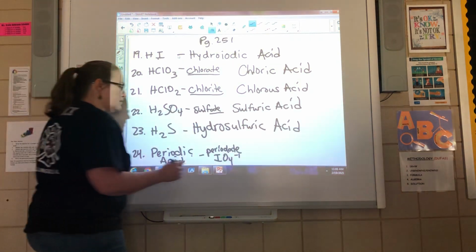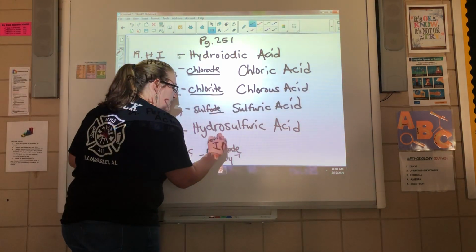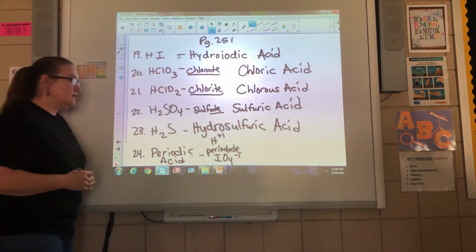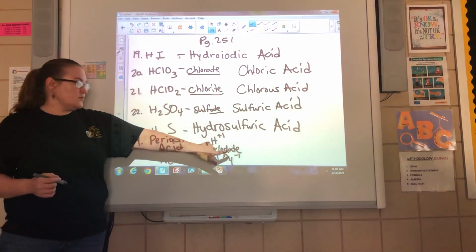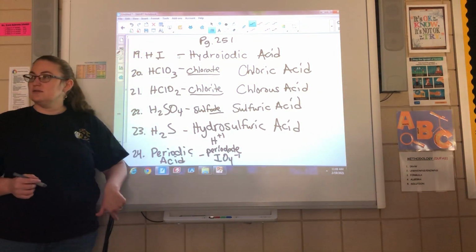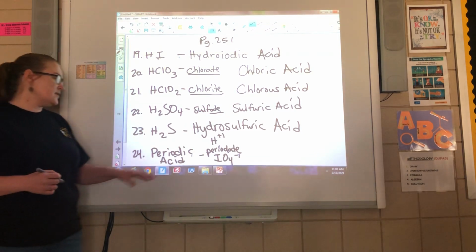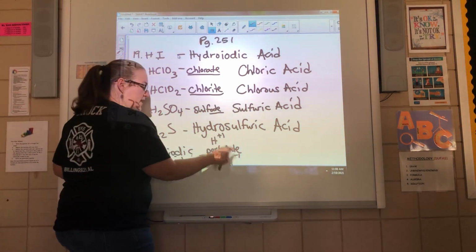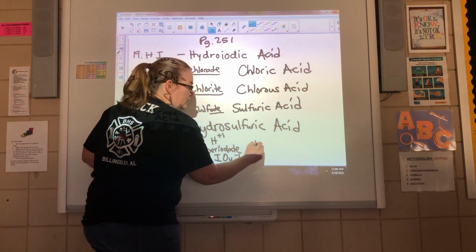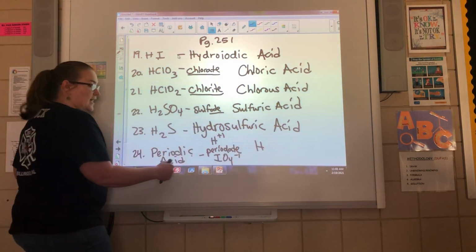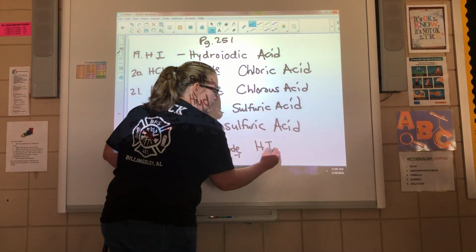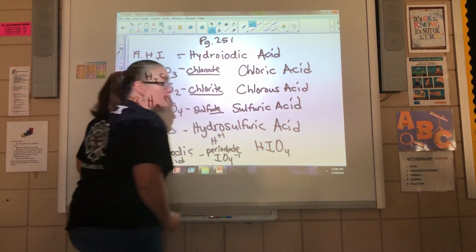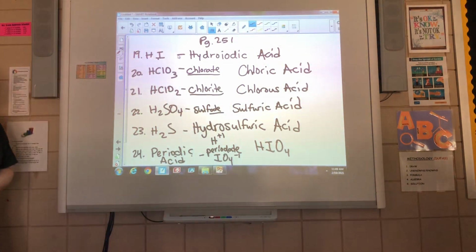So I know I've got an H, and I know that it is +1. Does that +1 and -1 balance? Yes. So when I'm putting these oxyacids together, I'm going to have one H and one periodate. So the formula for periodic acid is HIO4. I've just got one of each.